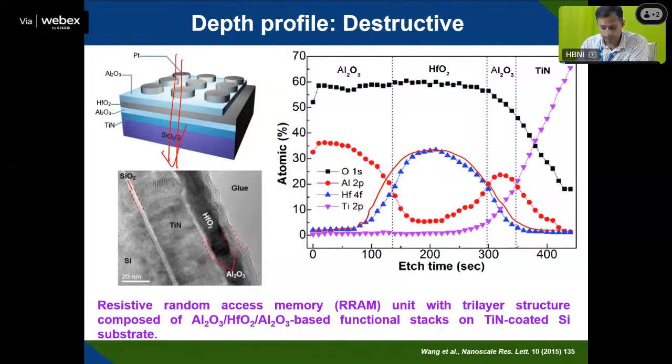This black one is mainly oxygen. You can see the oxygen at the top surface and going inside toward silicon. So you are able to identify the distribution of the elements in the whole system by using this XPS depth profile analysis.